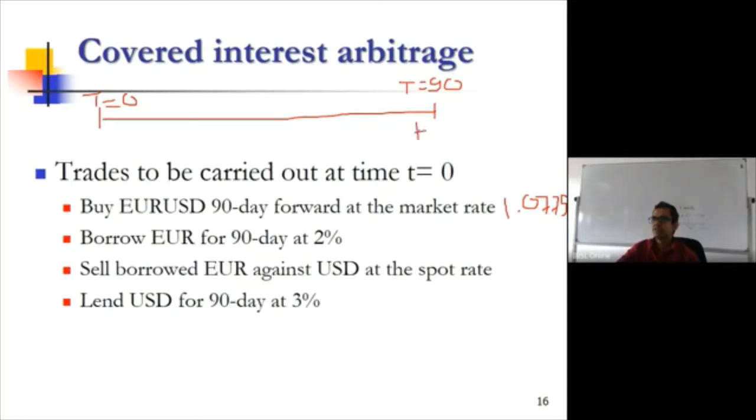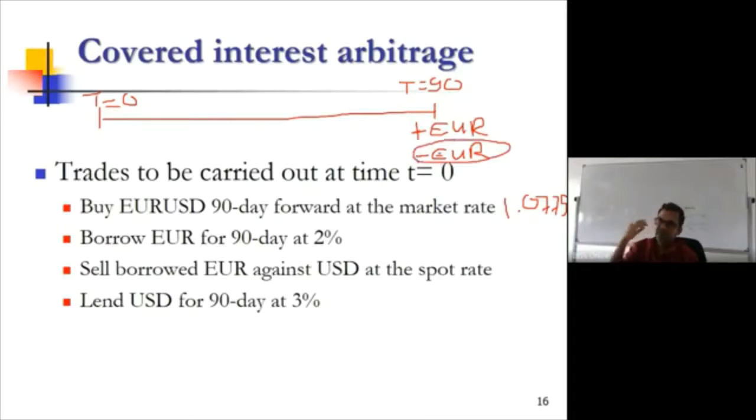You have a euro plus position here. What do you want to do? You want to create a euro negative position. How do you do that? You create a liability in 90 days.